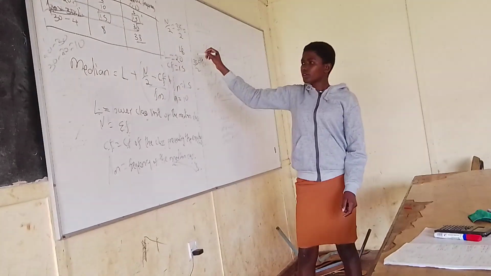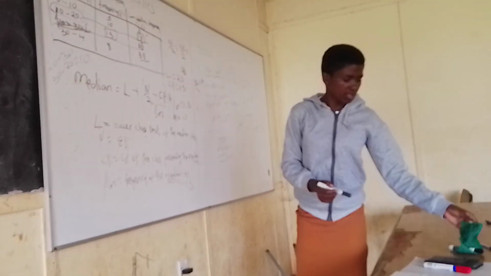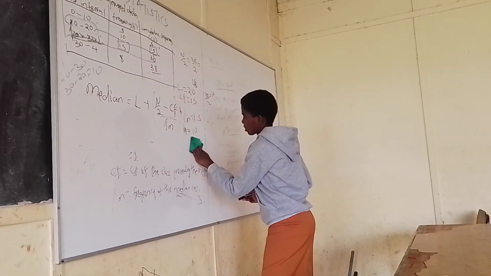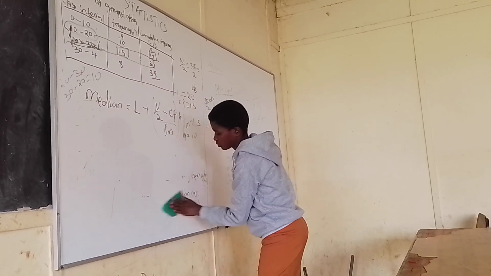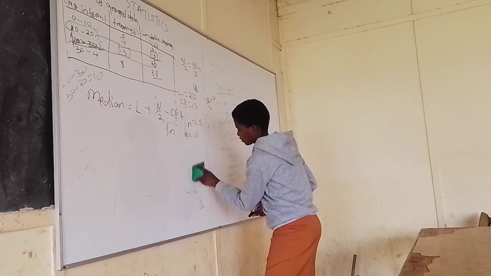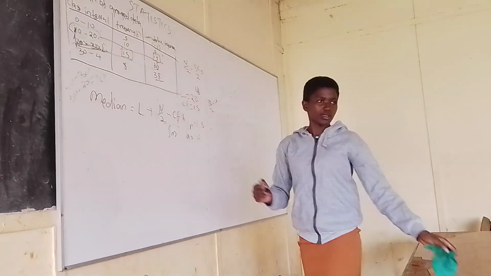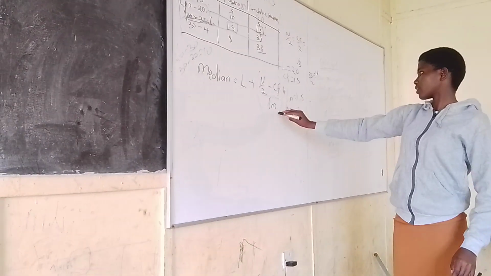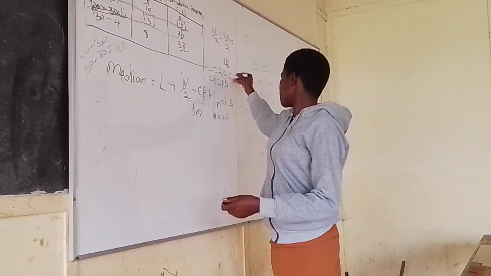Then you substitute the values into our formula. So this is our formula: L plus N over 2 minus CF, over FM, times the interval. L in our case is 20.